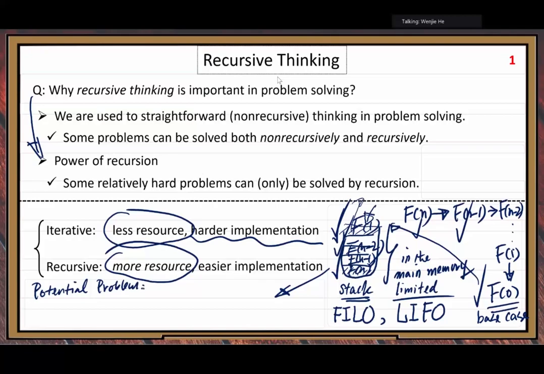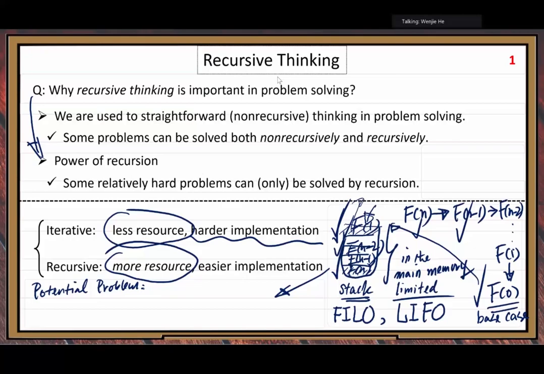Think about it. When you do recursion, you push into the stack and make your stack very deep. That could happen because your data size is very large. You push a large number of function calls into your stack.